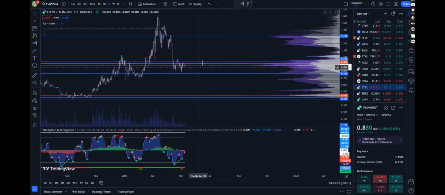We want to hold these areas. We don't want to see something like this. We don't want to see that. We want to see it hold this area. We want to see it come back up above this area, consolidate like it is doing, and then push off back to that value area high.